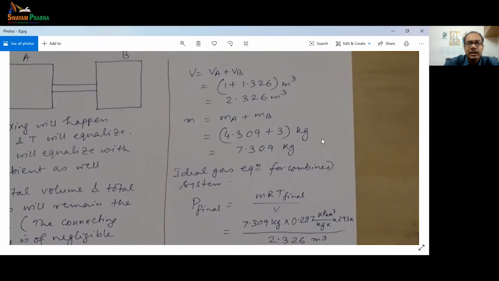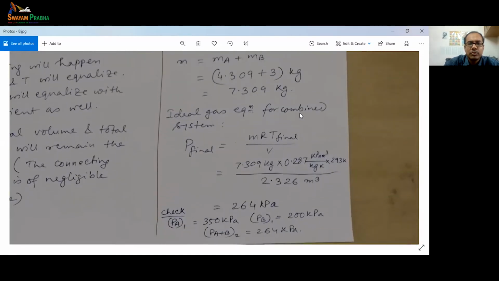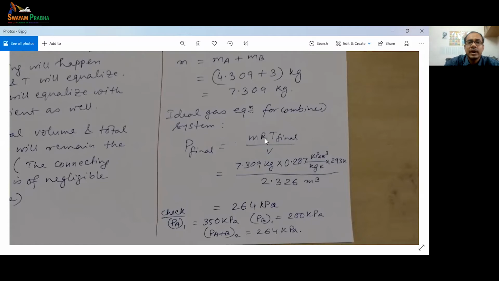Now we can apply ideal gas law again for the combined system. Okay, A plus B. So what will we do? Now we know total mass M, we know total volume V. We also know what is the final temperature because it is coming to the ambient temperature, and that is 20 degrees centigrade. So everything we know.